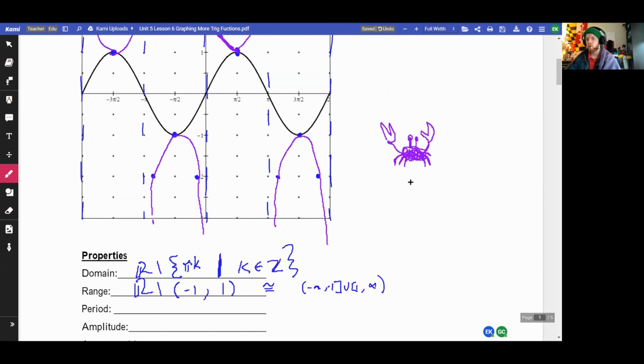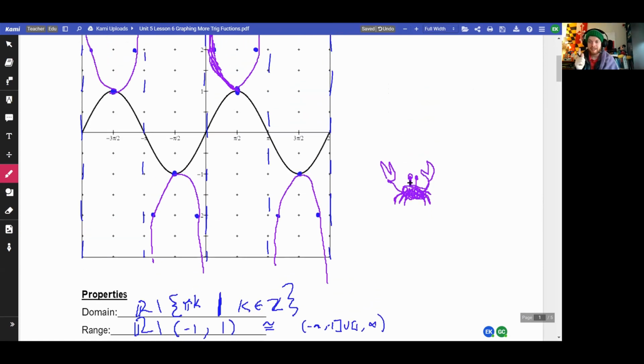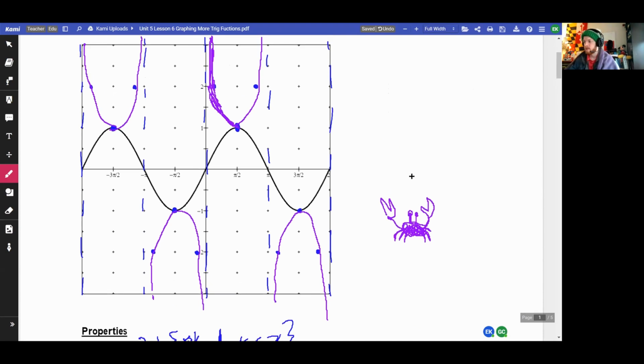All right. This is actually a commonly mistaken one. What about the period here? Is it going to be pi because that's like the top part? Those asymptotes are almost like a distraction. So, is it pi? What do you think it is?